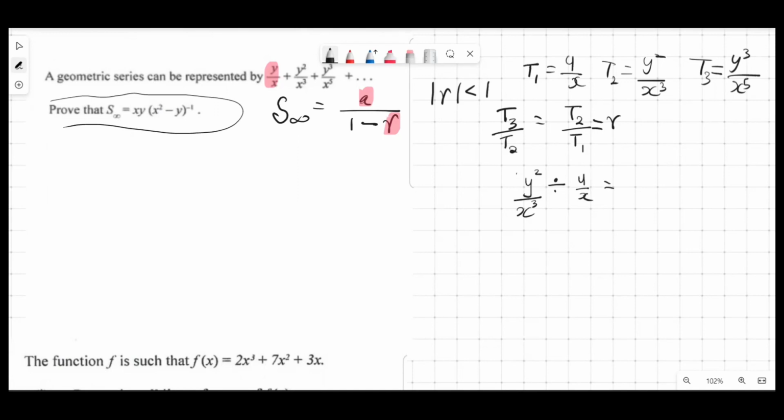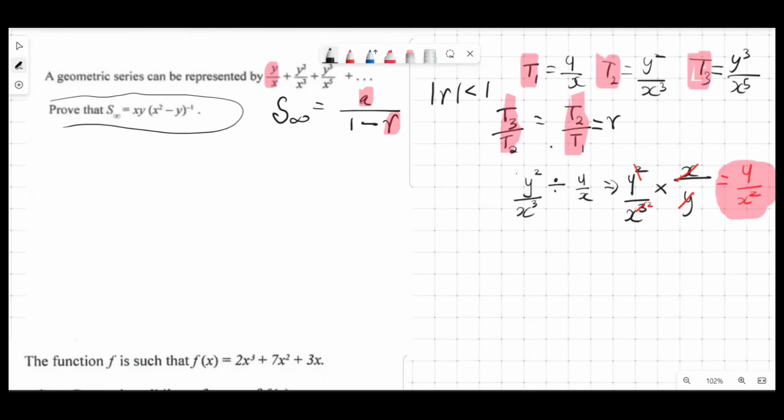You keep this one at the front ordinarily, just like a regular fraction, and then you multiply by that. Now we're going to cancel things that can be canceled. We're seeing here that this y will cancel one of that, and this x will cancel one of that, leaving 2. So R is basically y over x squared.